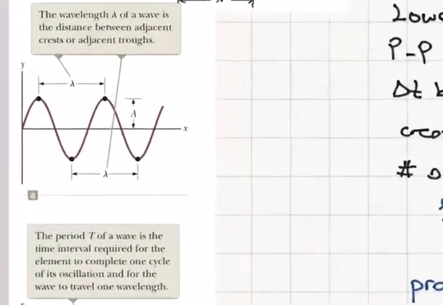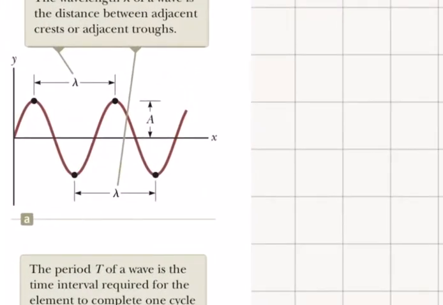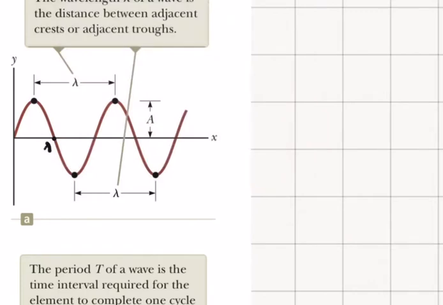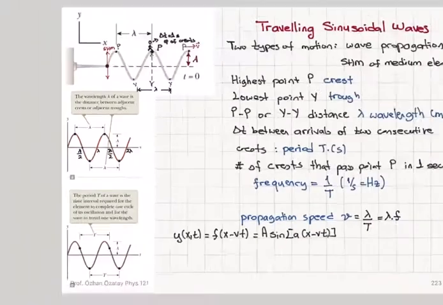Now let's look at y as a function of x here. This is lambda over 2. This is one wavelength. This is 3 lambda over 2. This is two wavelengths.